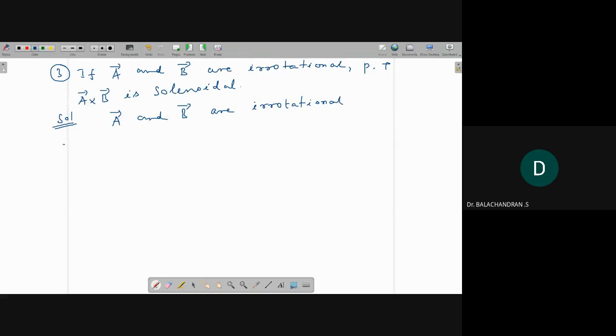So this implies curl A vector equal to 0, or we can write directly del cross A vector equal to 0, and del cross B vector equal to 0. So I need to prove A vector cross B vector is solenoidal.